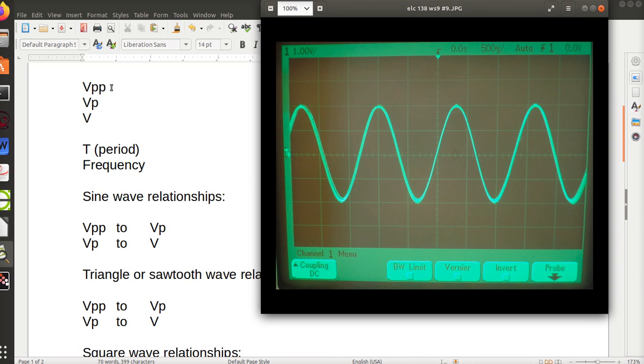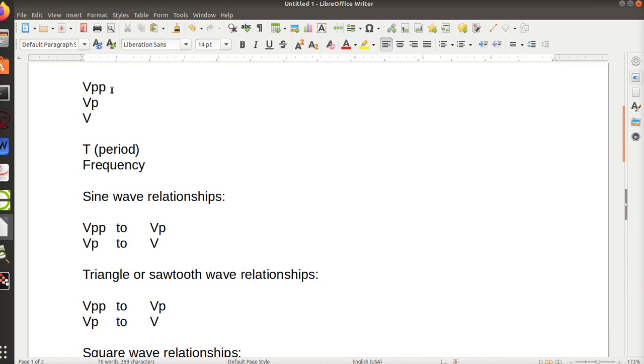They'll tell you it's a V. So the P's here should be subscripts, even though I didn't make them subscripts, and the lack of P is important also because it tells you what voltage type they're wanting. Okay, peak to peak is simply from top to bottom, and that's what the P to P stands for.